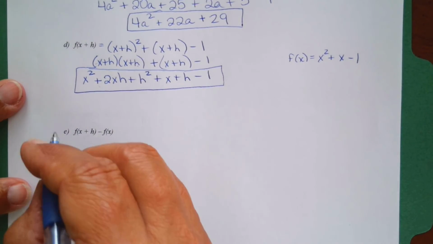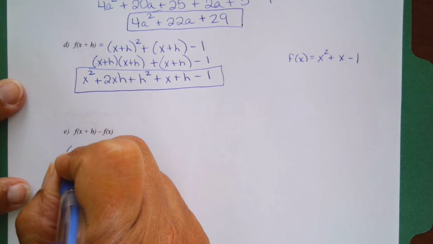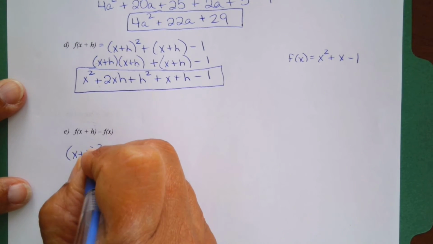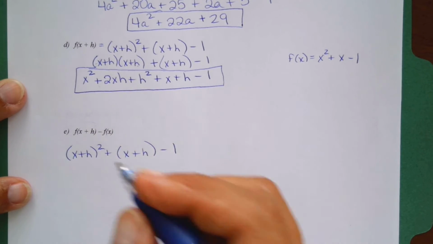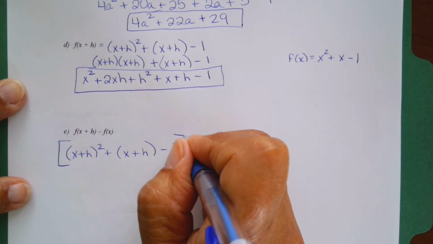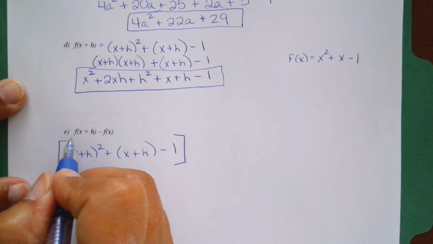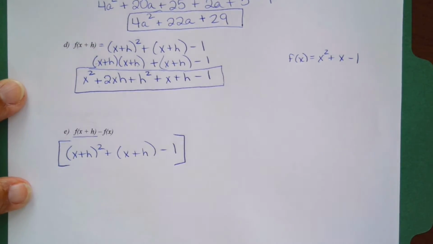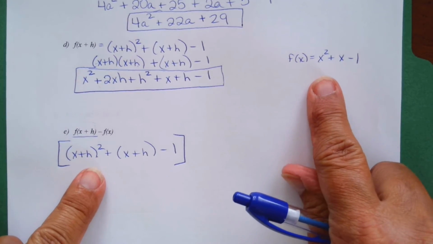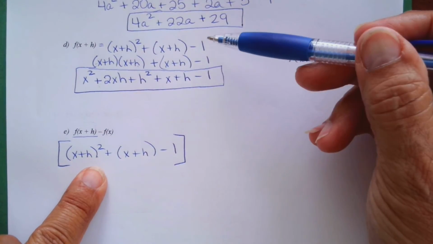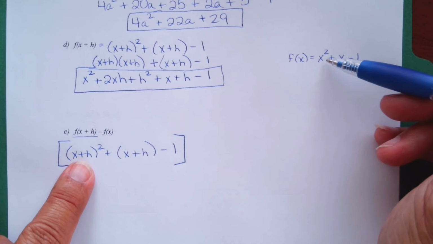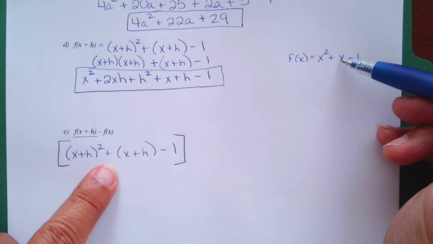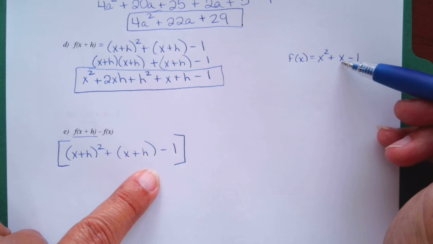So I'm just going to write that down like we did earlier. So x plus h squared plus x plus h minus 1. Okay? And I'm going to put this in brackets because that's this first piece right there. Okay, so take a look at that. That's what we did. We just did it right there. So just this piece is, I put an x plus h here, and I put an x plus h here.